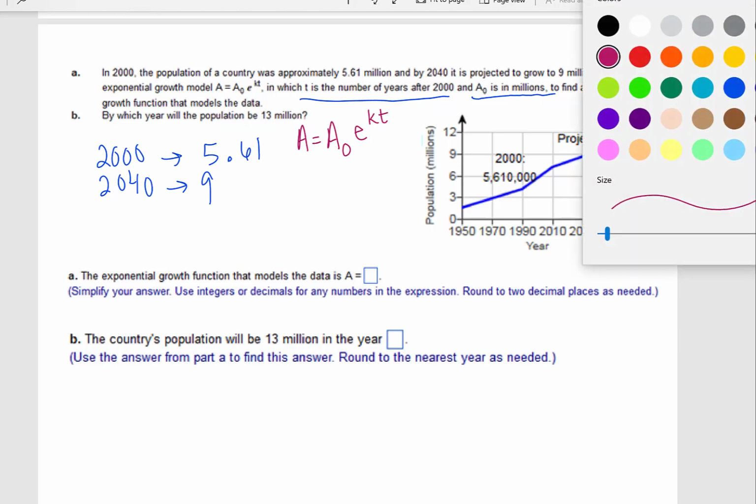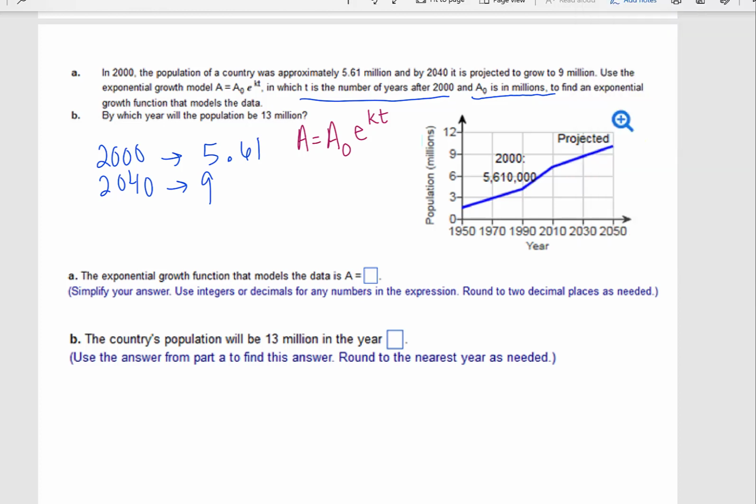All right, so remember that A naught is the beginning, right? So in regards to the population, it started at 5.6 and they said they expect it to go to 9. So it would be 9 equals 5.61 times E raised up to K. And then T is the number of years after 2000.